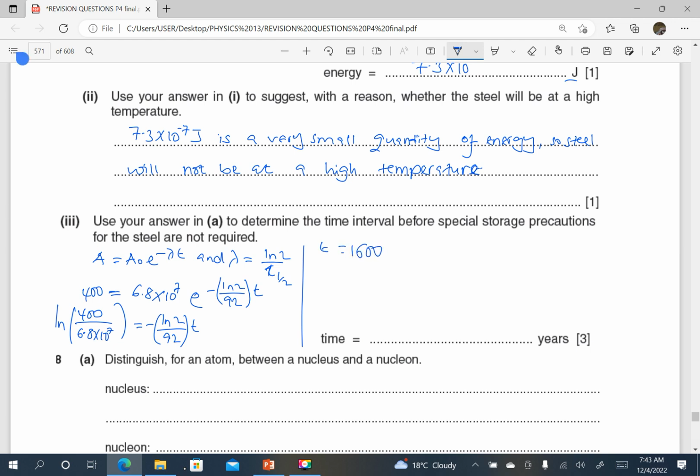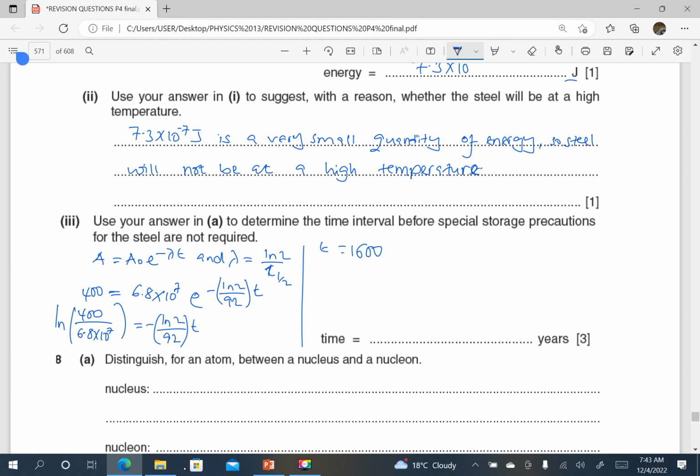I have to check this again. 400 divided by 6.8 exponent 7, times 92, divided by negative ln of 2.